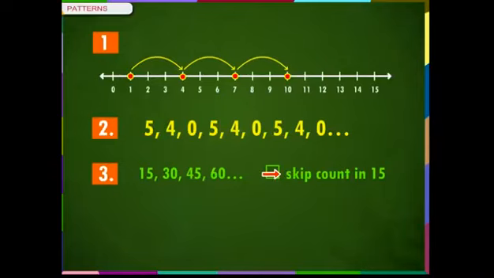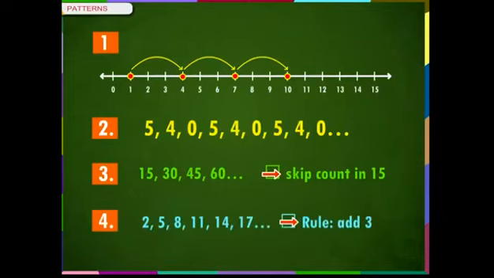Think about common number patterns like skip counting, multiplying by any number like 2 or 3. 4. Find the sum or difference of the numbers to identify the pattern rule and then extend the pattern using that rule. Let us see examples and identify the pattern rule.